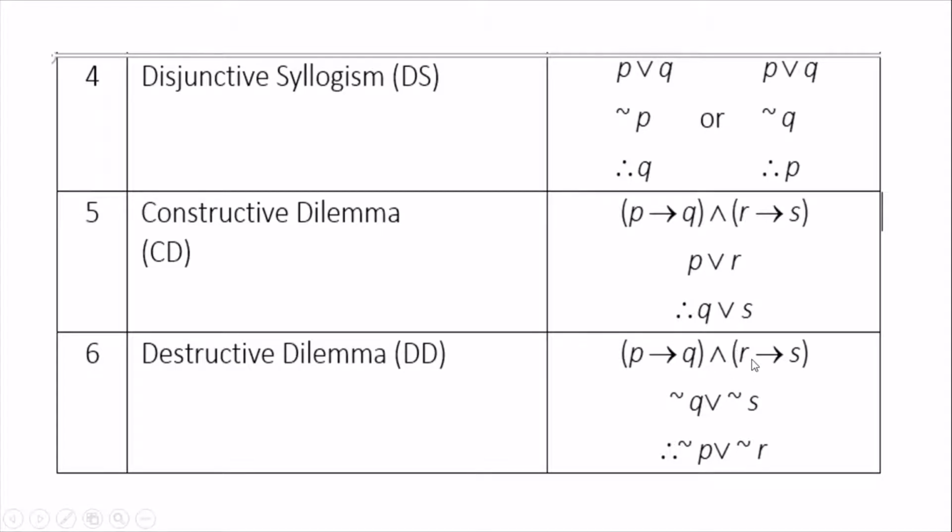But in the destructive dilemma, it should not be positive, dapat kukunin natin yung negation ng dalawang antecedent natin. Okay? But using again disjunction. So as of now, dapat alam na ninyo kung ano yung mga relasyon ng mga different rules.